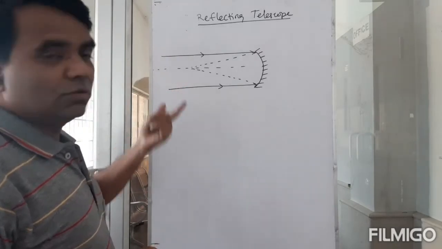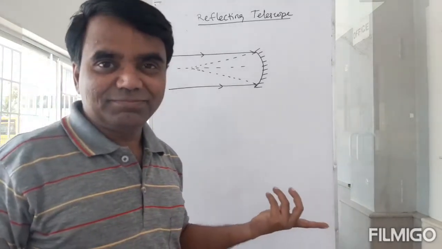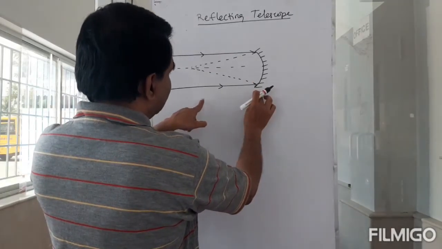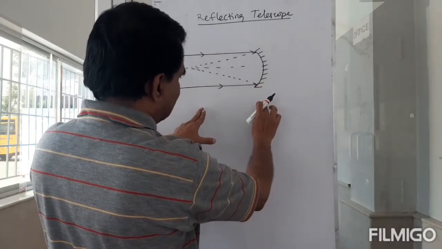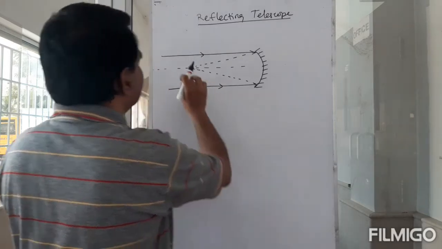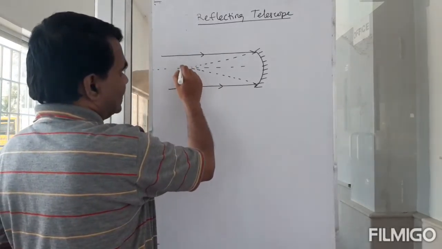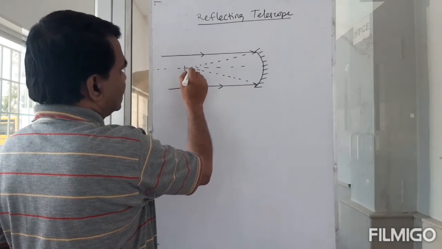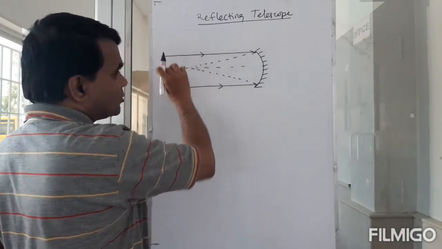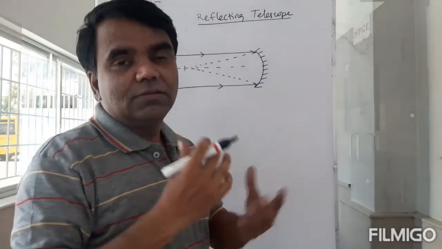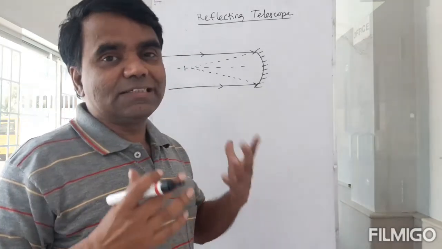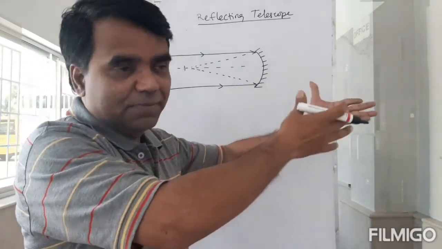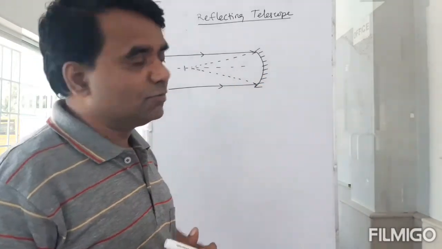Okay. Now, if I bring an eyepiece, clearly this is going to be my objective, or rather I should say it's a focal point of the mirror, and then if we bring an eyepiece here, like a lens here, then clearly I should be able to improve or increase the visual angle, just as it happened in the case of the refracting telescope.